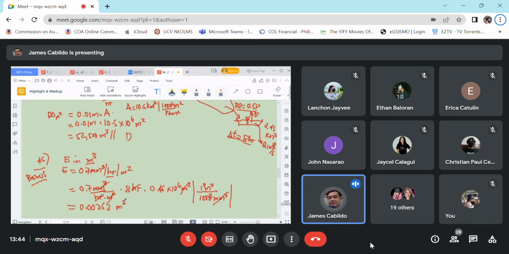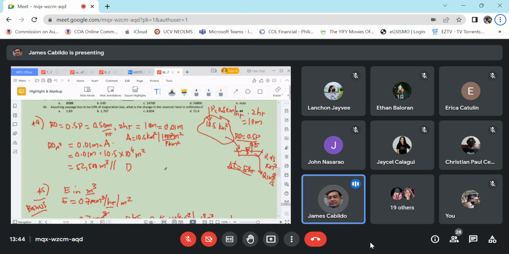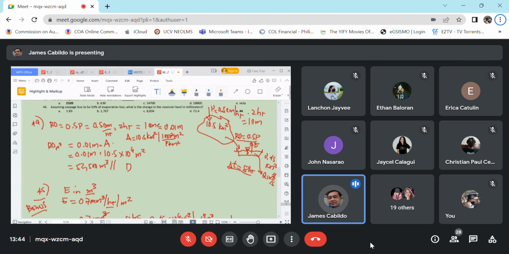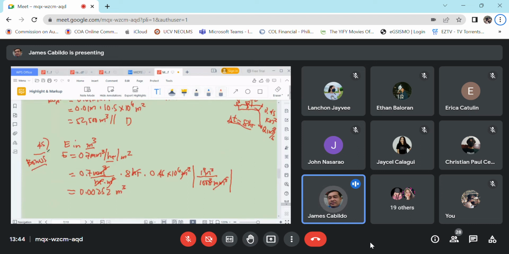Kaya bonus yun, no? Kasi nagkaroon ng pagkakamali dun sa unit ng E. Okay? Now, sa next item, assuming seepage loss to be 50% of evaporation loss, what is the change in the reservoir level in millimeters? So, dahil mali yung data dito sa 45, yan ang gagamitin natin sa 46.